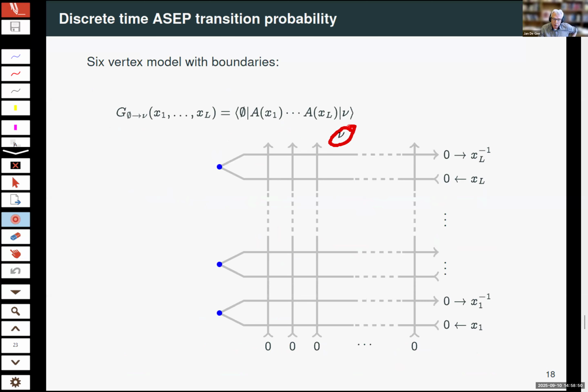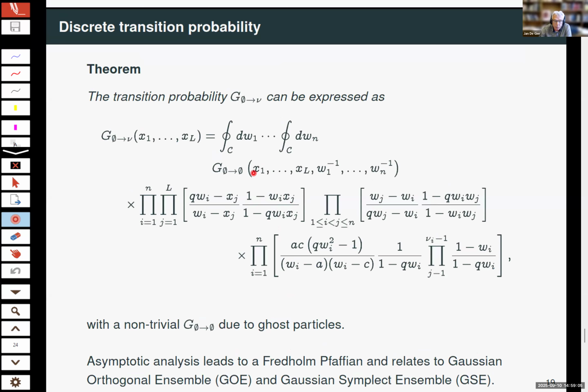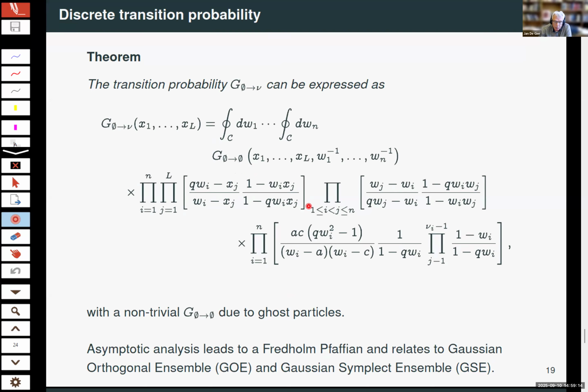If the top state is also empty, so all zeros, I can still have non-trivial contributions because a particle can be created. It can wander through the system and then disappear at this boundary, for example. So there's a non-trivial partition function associated with going from empty to empty, and that is denoted by this. So this is an expression that appears here, which I'll talk about a little bit, one more slide.